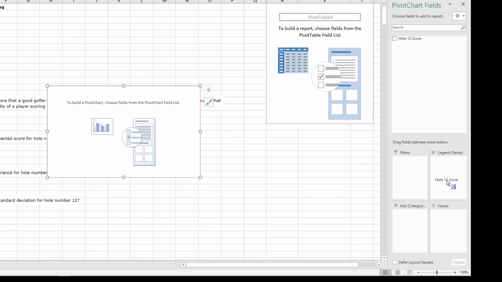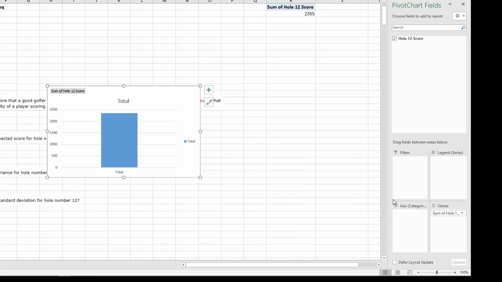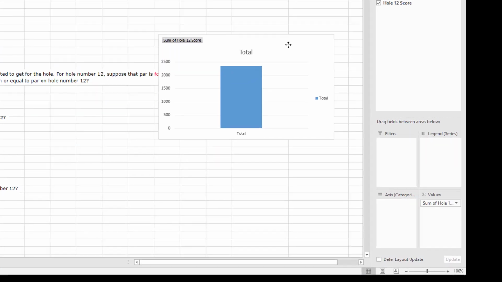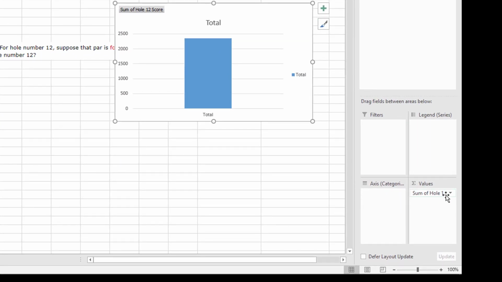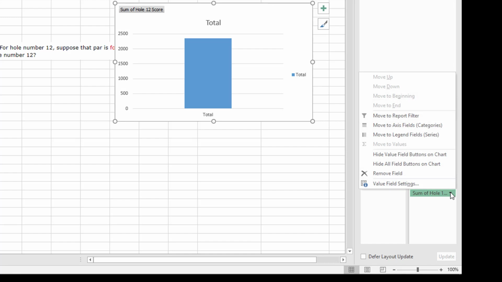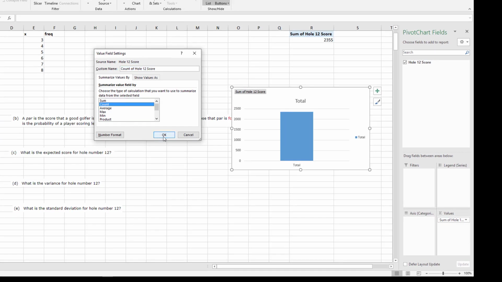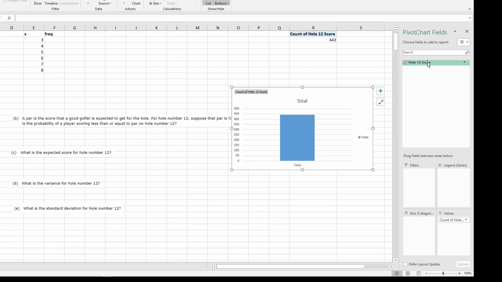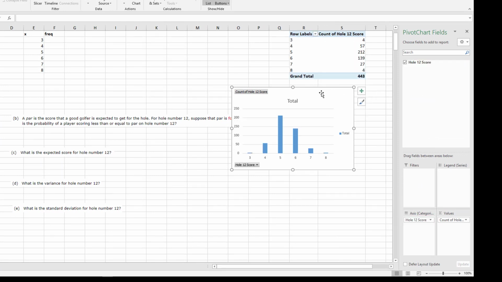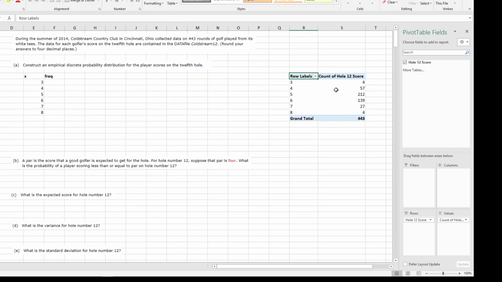So I can see that I want the holes, but I don't want to sum, I want to count. So I would click the value field settings and change it to a count. And then I would break these up in categories. Okay, so I don't need that right there, but this is all I need.